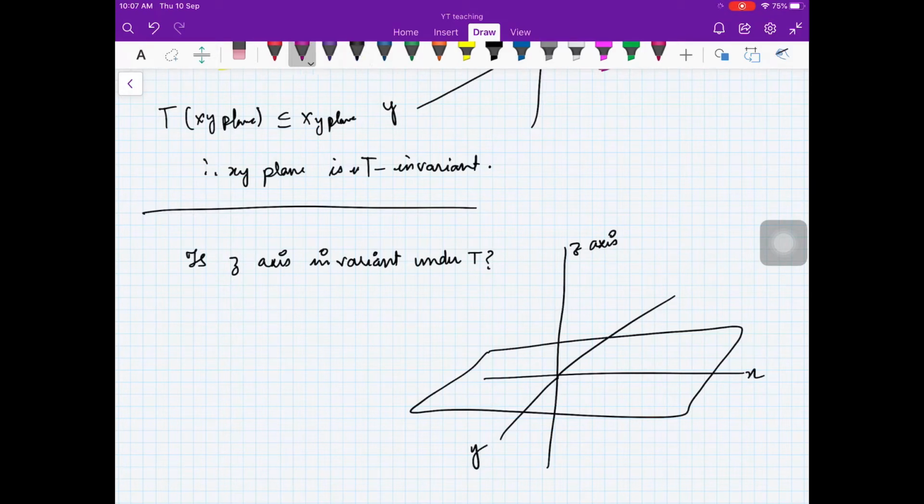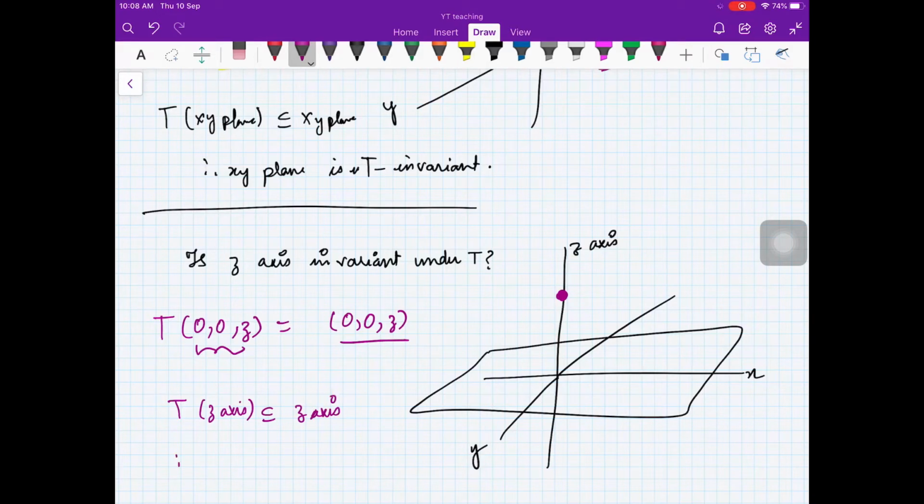If you take any vector on the z-axis and you rotate it about the z-axis by an angle theta, you will be at the same place. A general element of the z-axis looks like 0, 0, z. This will go to 0, 0, z. So under this transformation, you get back the same element. Therefore T of the z-axis is in the z-axis. In fact, this is equal. Therefore the z-axis is also T invariant.